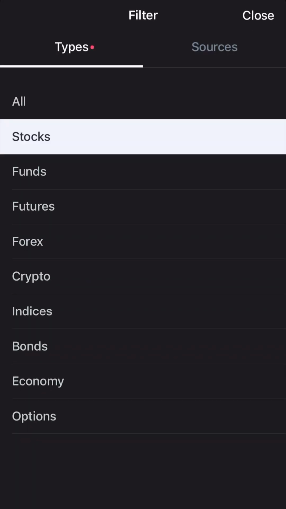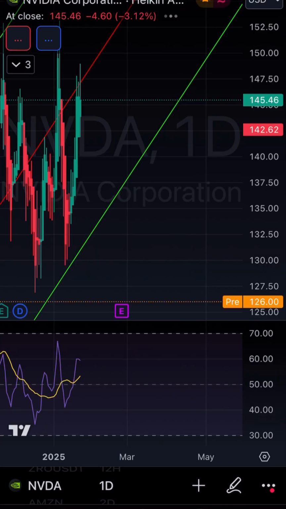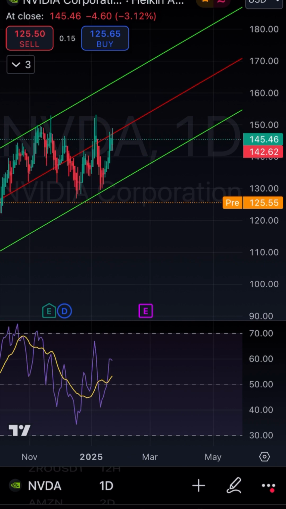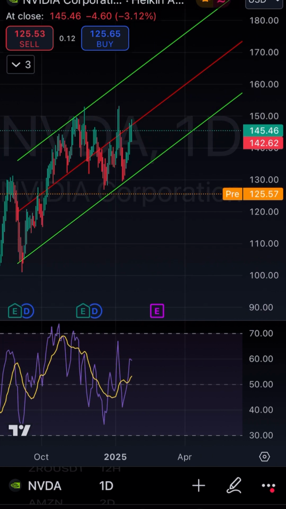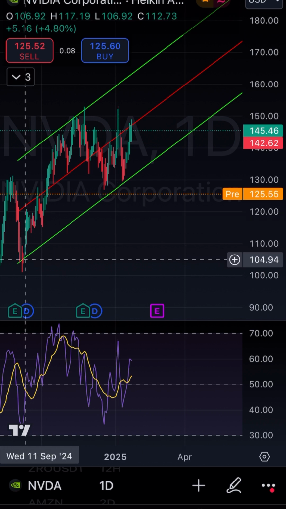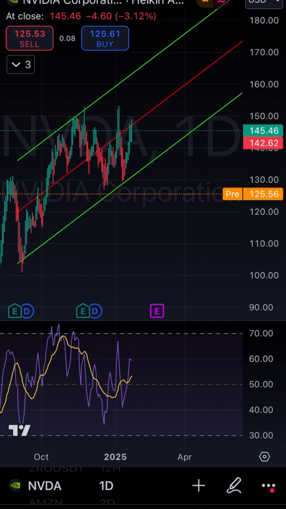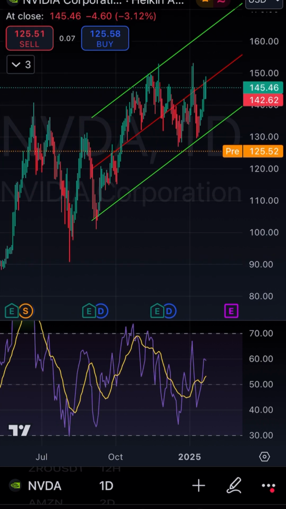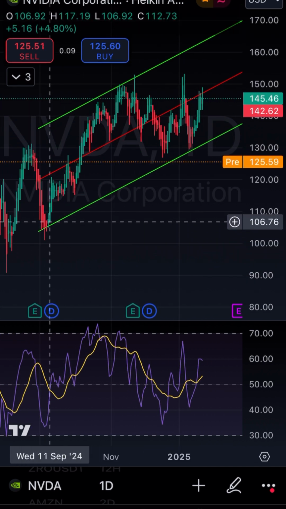Let's look at NVIDIA. See if we can find this on NVIDIA. So NVIDIA, it's the same thing. This right here is the start of the uptrend on the daily. So basically you would have to find all the moments where the candles are touching the bottom trend line.